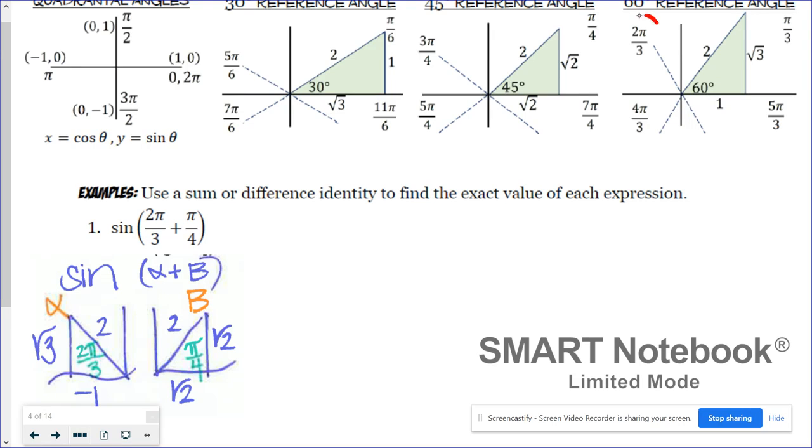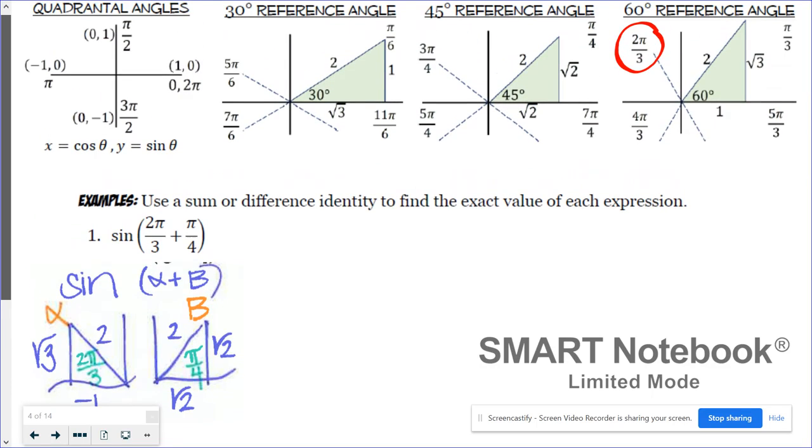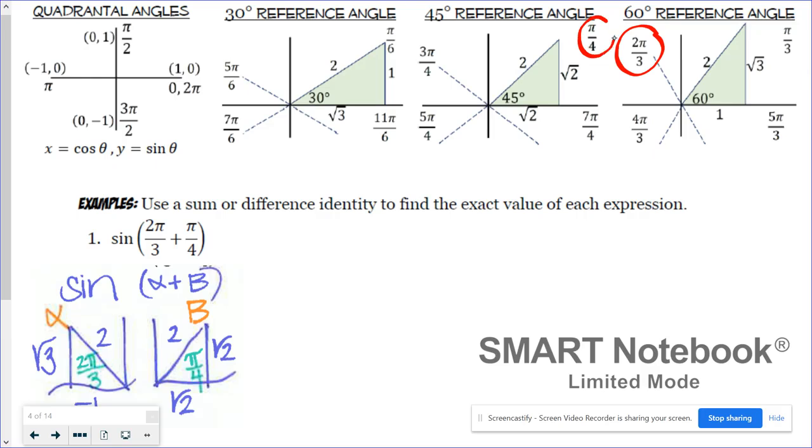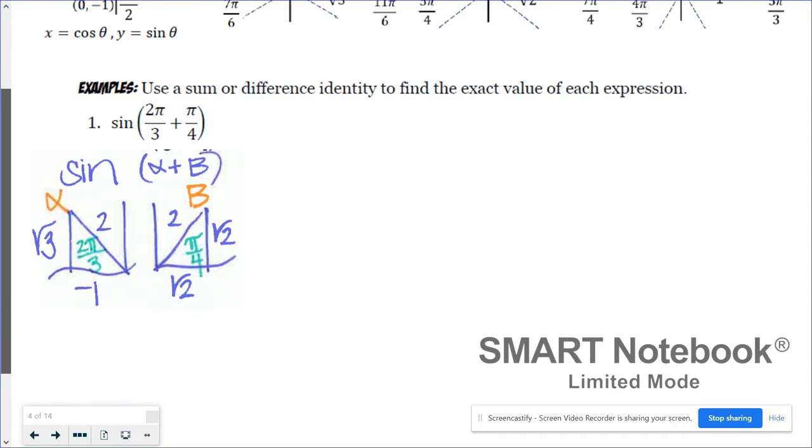For 2 pi over 3, I drew that triangle here, but I also paid attention to the fact that we're in quadrant 2, and in quadrant 2, my x values are negative and my y values are positive. Pi over 4 is in quadrant 1, so I'm basically just copying this diagram as is. And so that's the first step, to draw the two reference triangles.